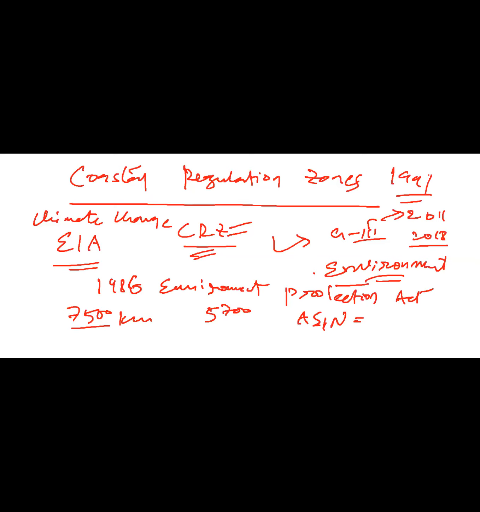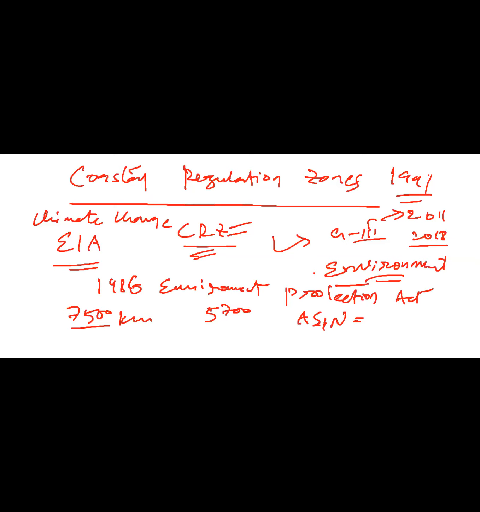The second notification, in 2011, divided the country's coastal area into 4 regulating zones, which we call coastal regulation zone 1, zone 2, zone 3, and zone 4, according to the area.